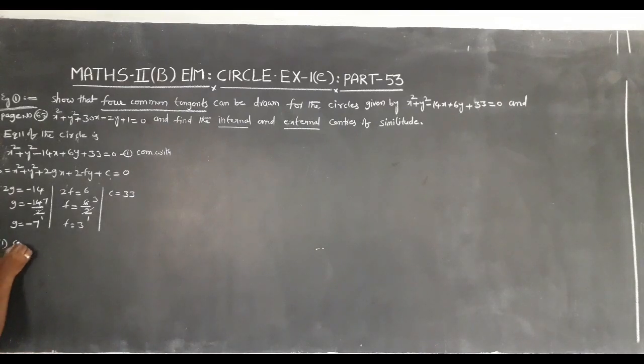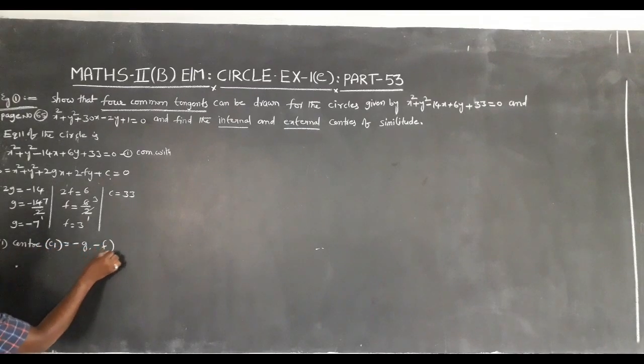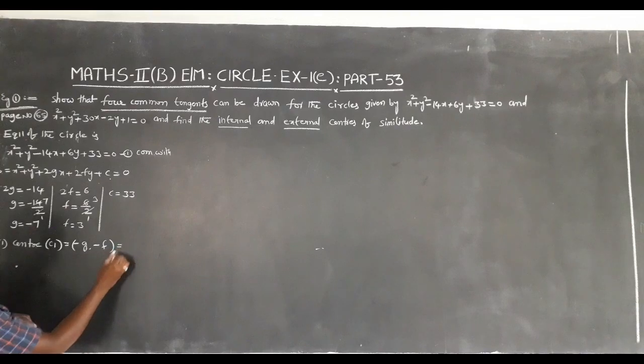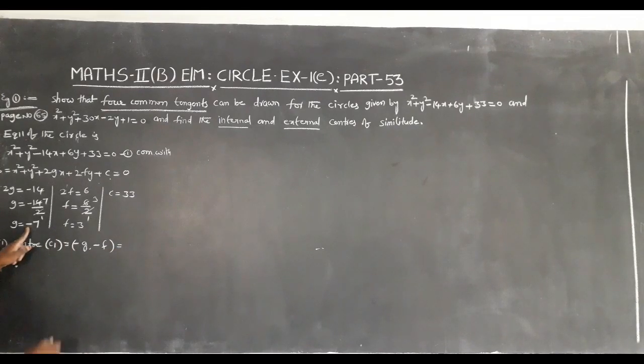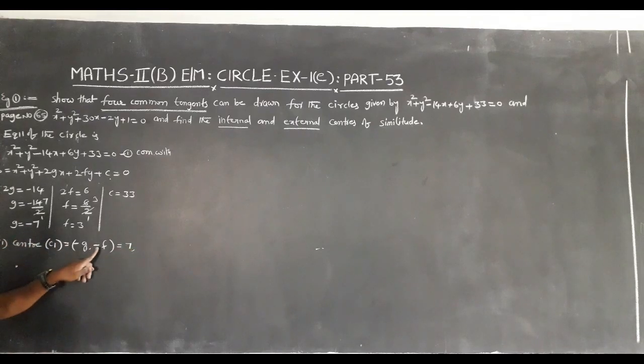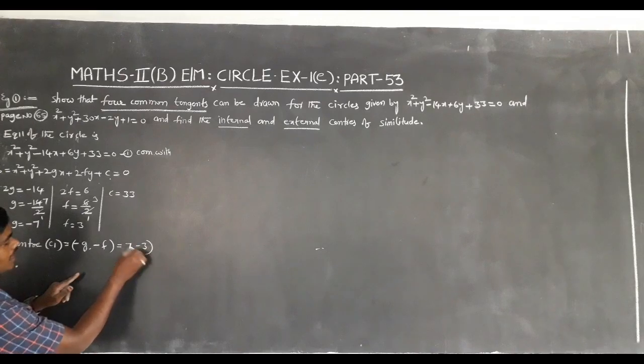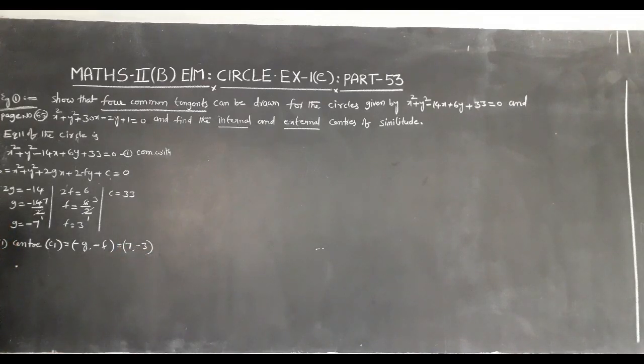The center of the first circle is minus g comma minus f, which is minus of minus 7, that is 7, comma minus 3. Center is 7 comma minus 3.